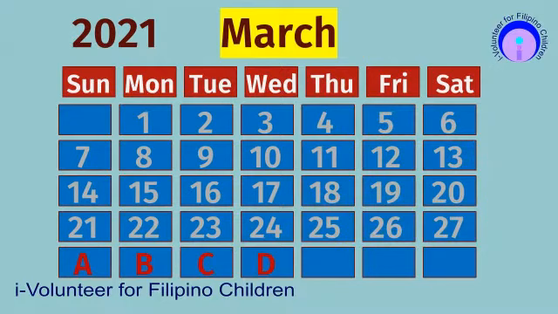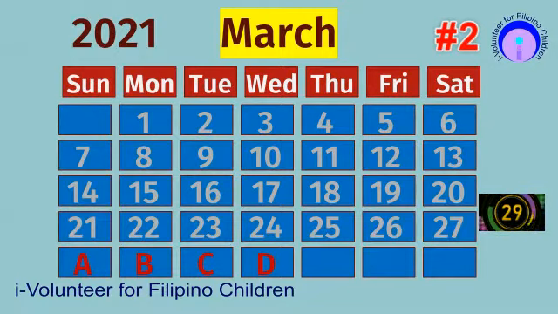Next one is for the month of March. We are looking for the last week of March. Can you find the specific date of the month indicated by A, B, C, and D?